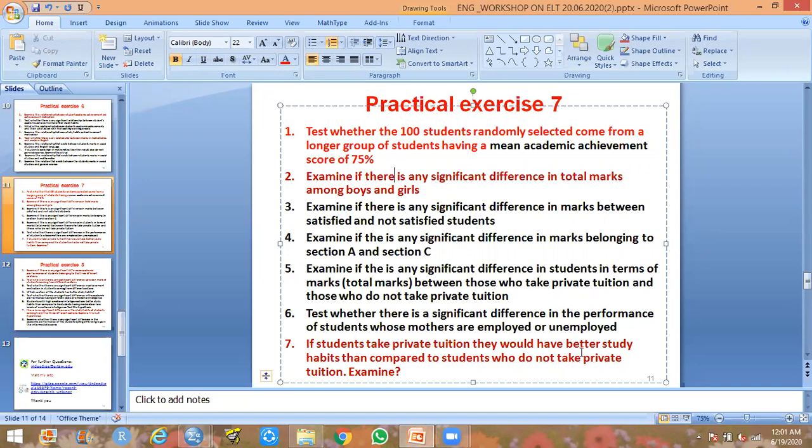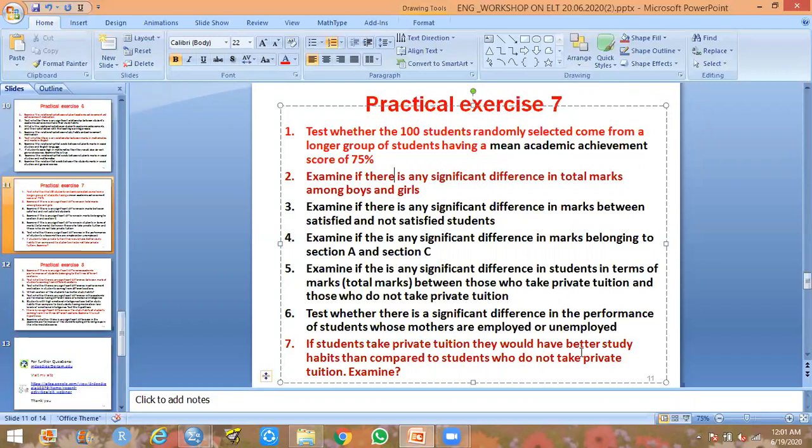We need to test whether there is any significant difference, whether those taking private tuition have better study habits compared with those who have not taken private tuition. Here our interest is to test whether there is any impact of taking private tuition on study habits. This is the statement actually.